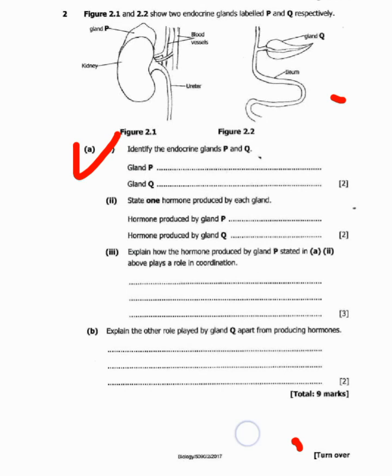Let's come to this one. They were saying explain how the hormone produced by gland P stated in A2 above plays a role in coordination. What we need to understand is that when a hormone has been produced by gland P, which we said is adrenaline, it causes glycogen to change to glucose.